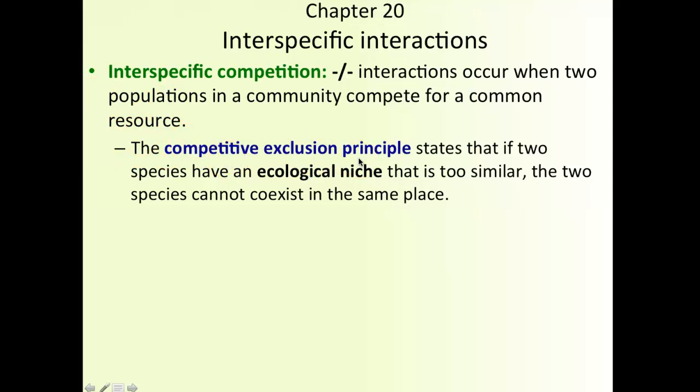It states that two species cannot share an ecological niche. This word can be pronounced niche or niche, but it is just a very small aspect of a larger environment. If you were looking at a woods scenario, there are lots of different smaller parts of the woods. There might be the base or a hole in an oak tree, right?